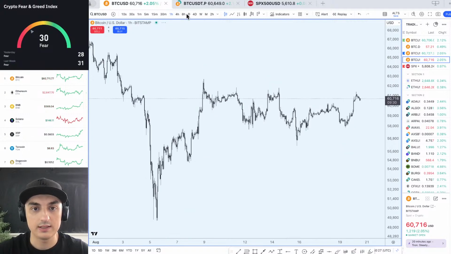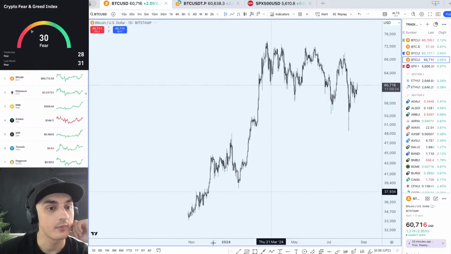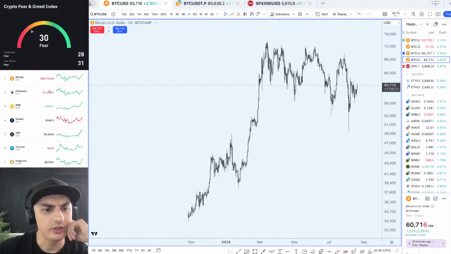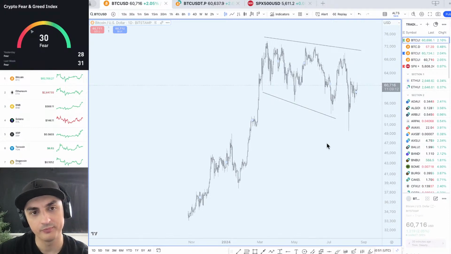So let's get on the daily time frame. I think I yesterday shared with you guys a daily time frame that I was looking for, and let me check where it was. It was on the index chart.